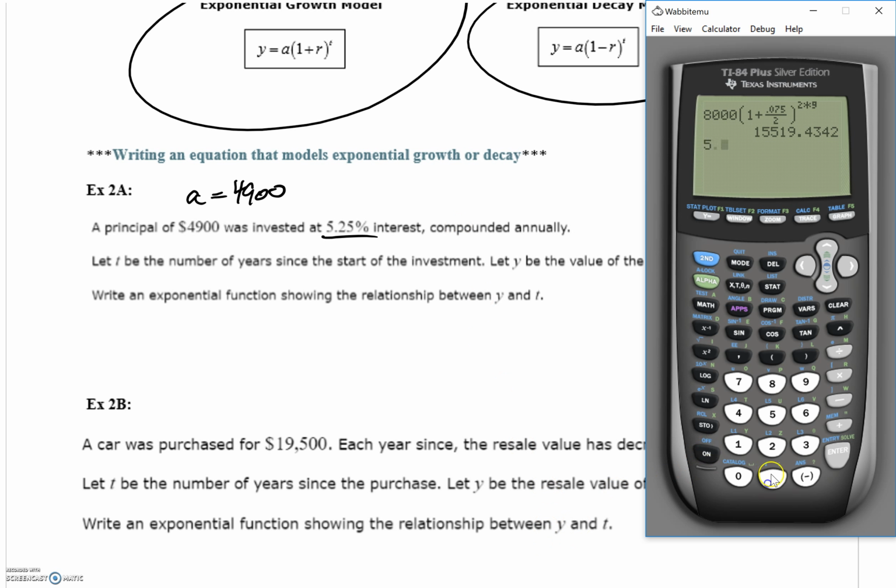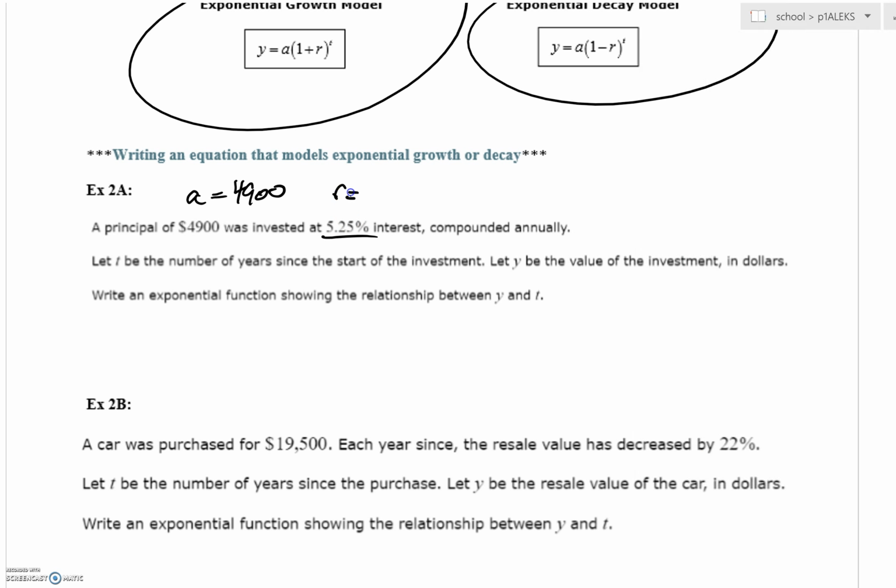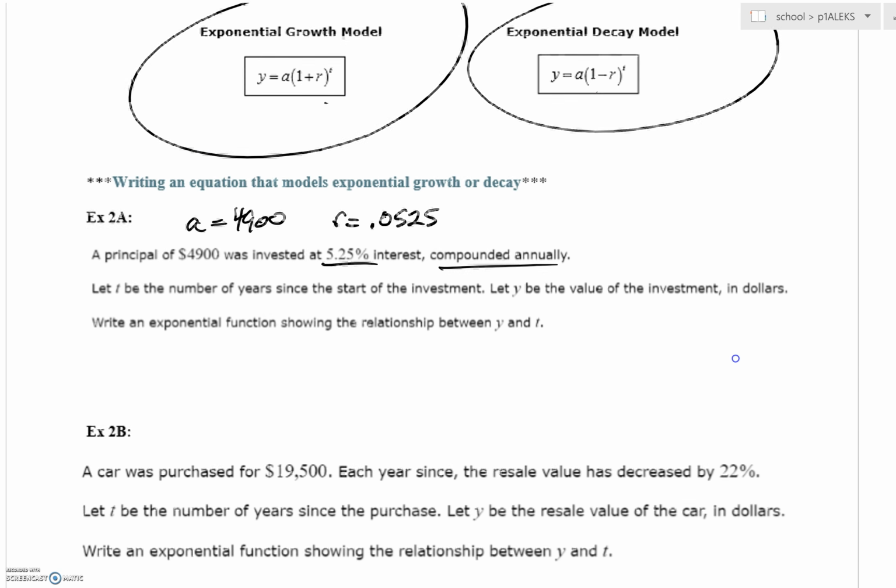Once again, let's just go 5.25, divide that by 100. So our R is 0.0525. It's compounded annually. We're going to really just deal in this situation with one of these two boxes up here.